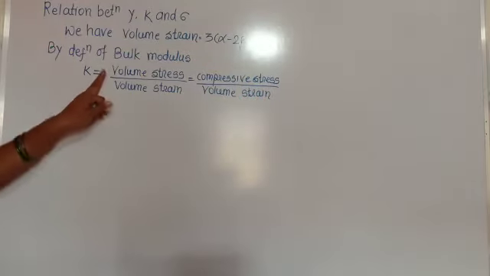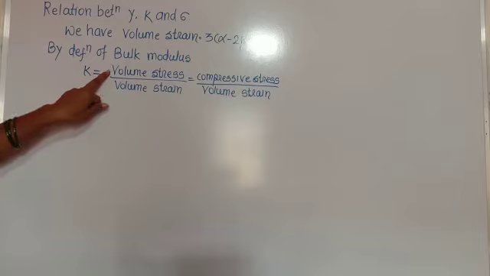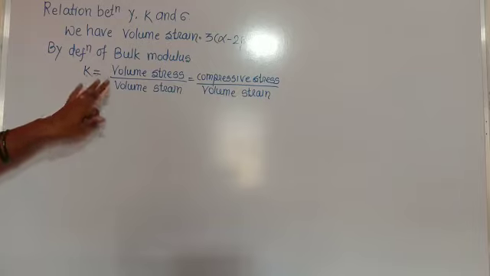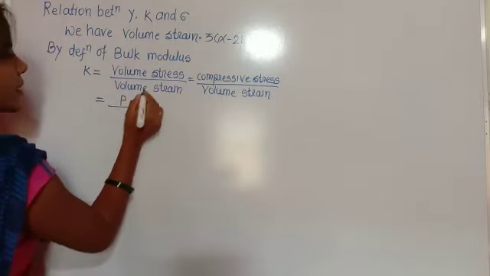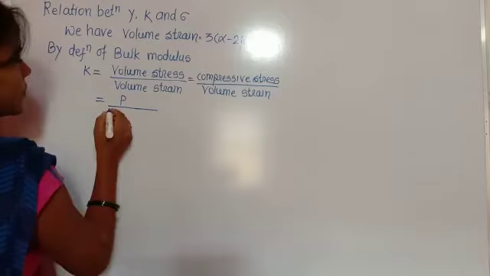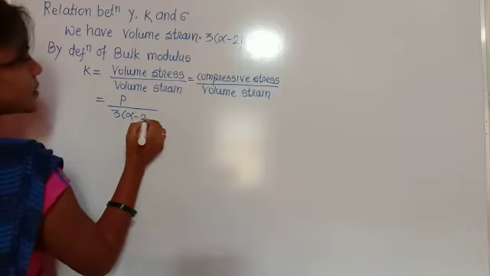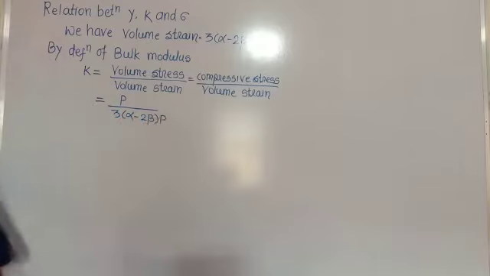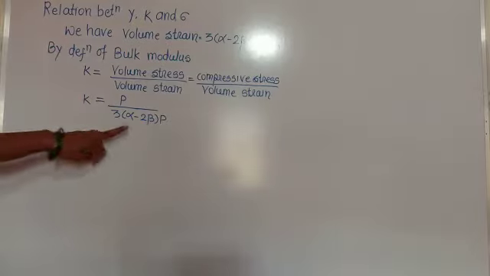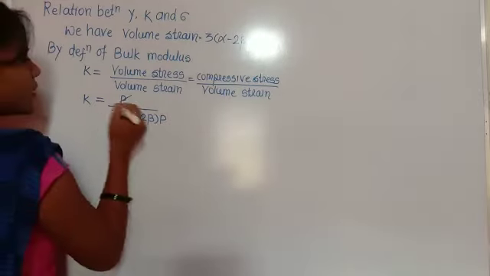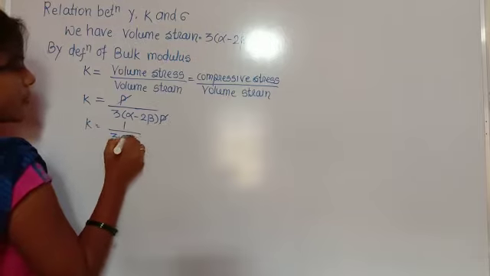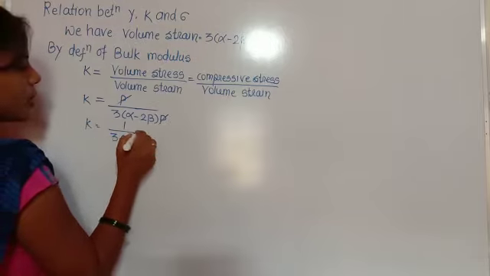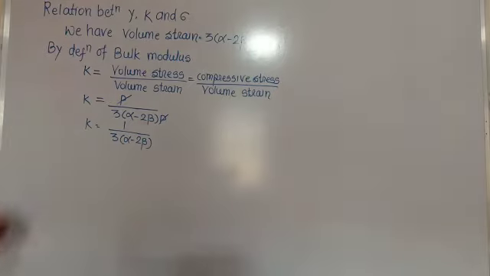Volume stress means force per unit area, which is nothing but the pressure P. So K is equal to P divided by 3 alpha minus twice beta into P. Cancelling P, we get K is equal to 1 divided by 3 alpha minus twice beta. So this is the relation.